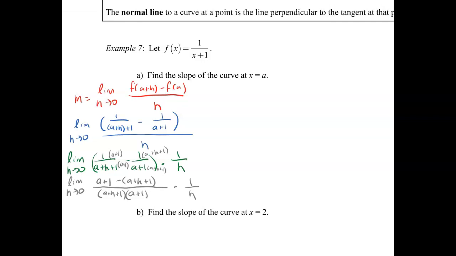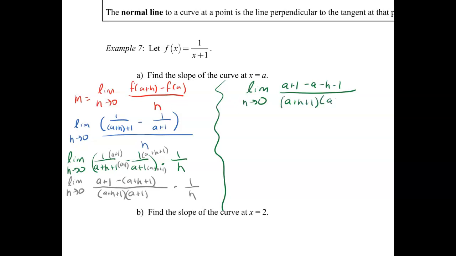So I should get the limit as h goes to 0 of a plus 1 minus a minus h minus 1 all over a plus h plus 1 times a plus 1 times 1 over h. My a's are going to cancel, so I should get those to go away.